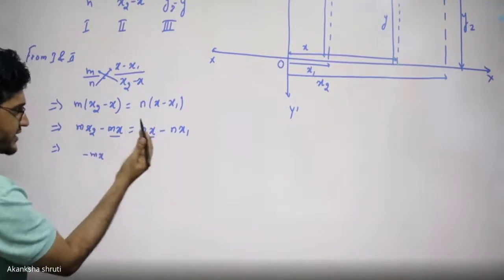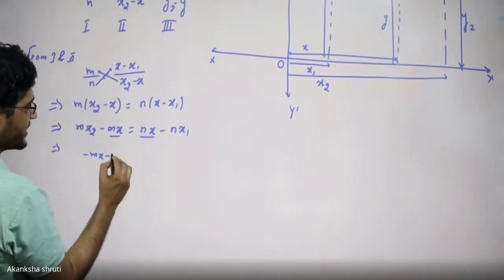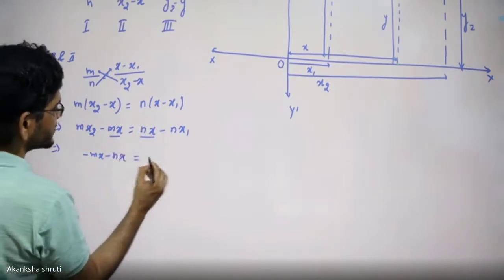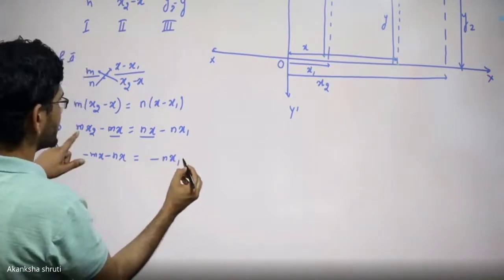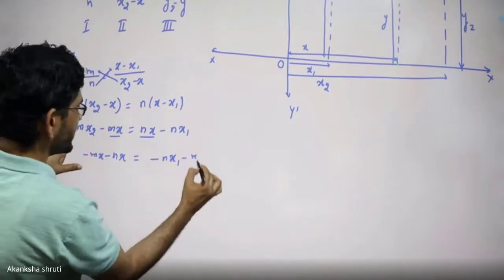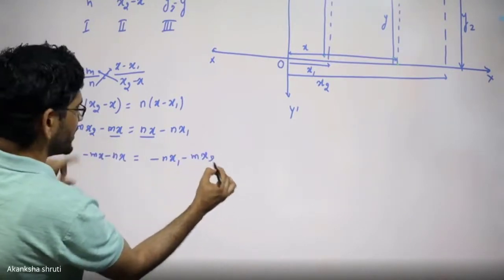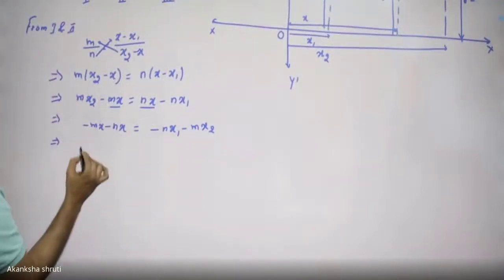We want to calculate the X, so X we are collecting on one side. Minus of NX comes on this side, minus of NX1 is equal to, this will come on this side, it becomes minus of MX2. Students, everywhere there is minus, so minus can be taken common and that can be cancelled.